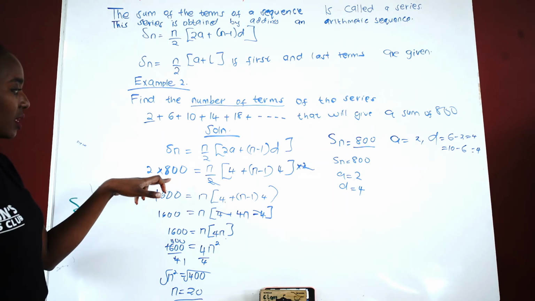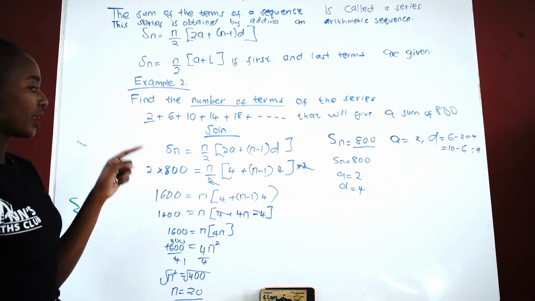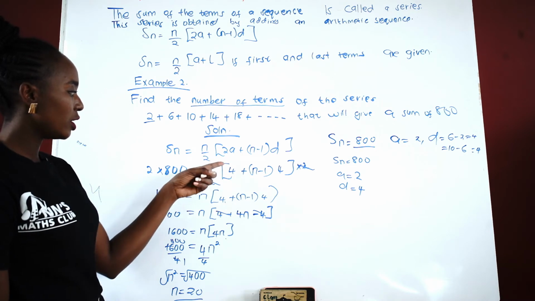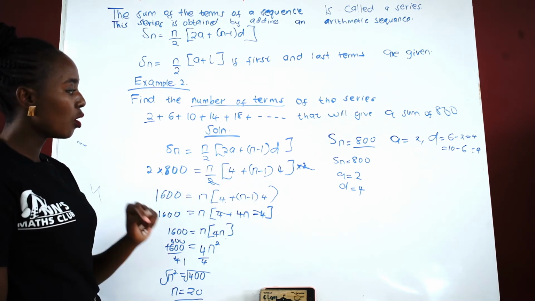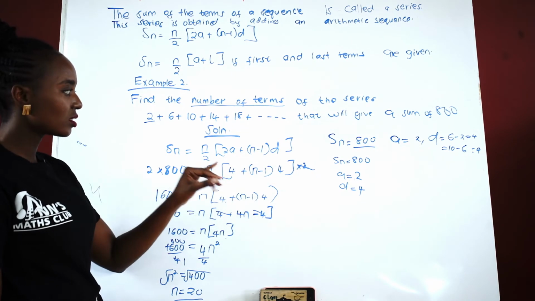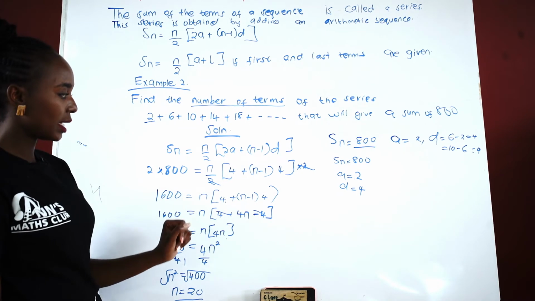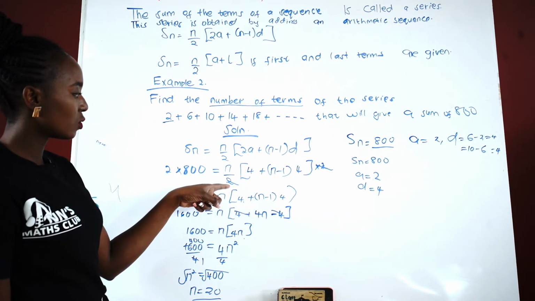So Sn, 800, equals n over 2, we don't know n, we are looking for n, into 2 times 2, which is 4, plus n minus 1, again we don't know n, so we won't touch this. d is 4, okay? Then we can multiply by 2 on both sides so that we can cancel this.